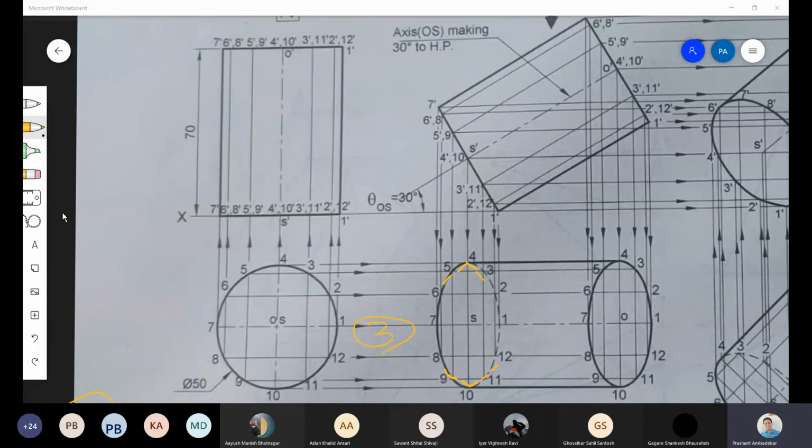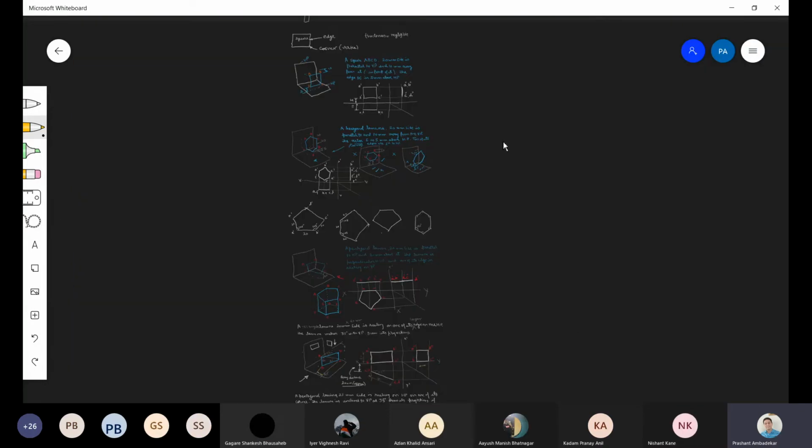Now we'll focus on projection of a cone.